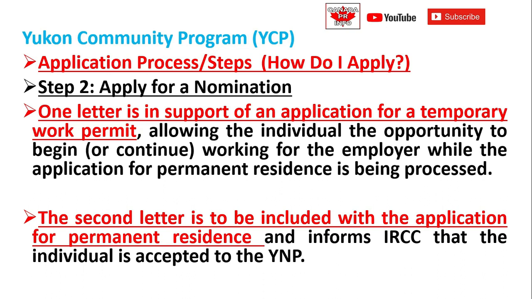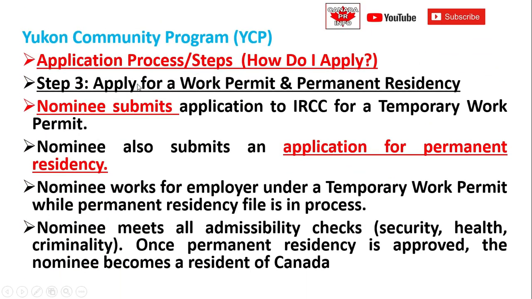Okay, now step number 3 is to apply for the work permit and permanent residency. The nominee should submit the complete application for a temporary work permit as well as the application for permanent residency to the IRCC.